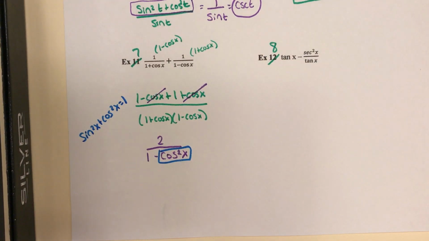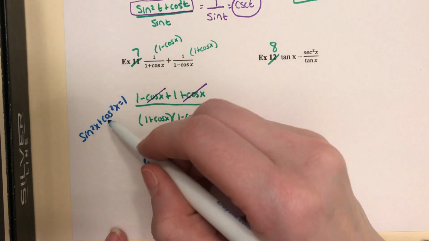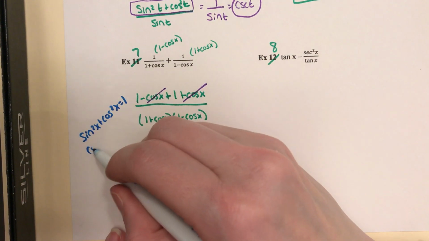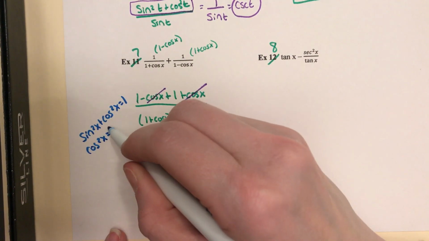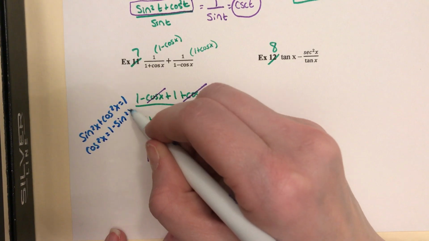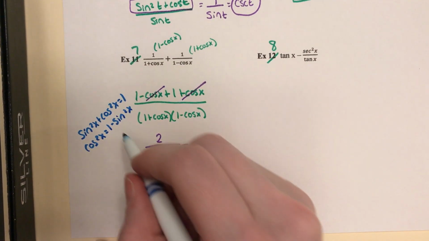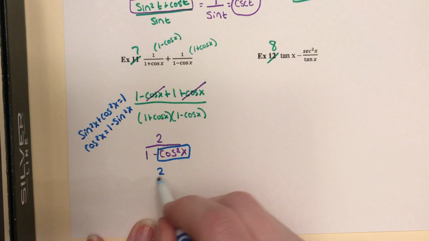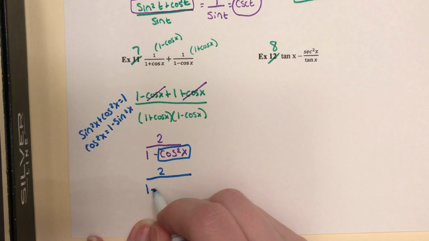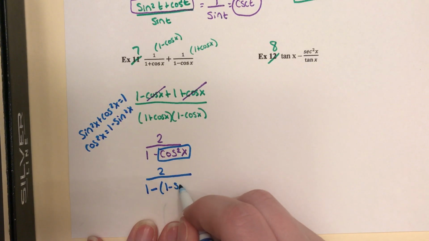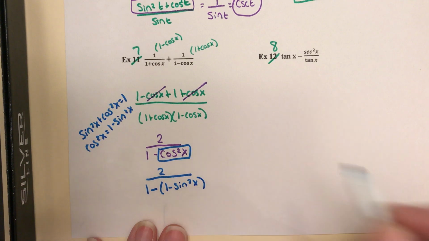Now you can manipulate the formulas on your formula sheet. If I need a cosine squared, I could solve this for cosine squared. That would equal 1 minus sine squared. And I could plug that in here for cosine squared. So 2 over 1 minus sine squared.